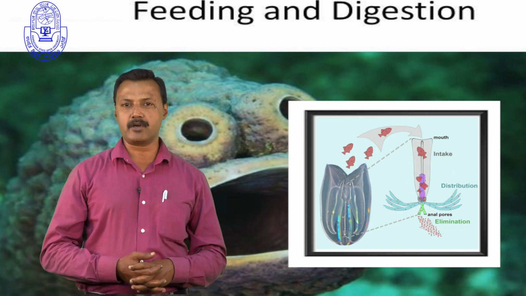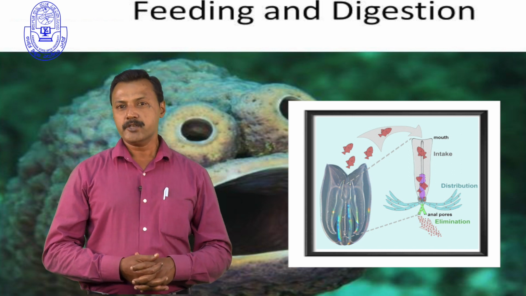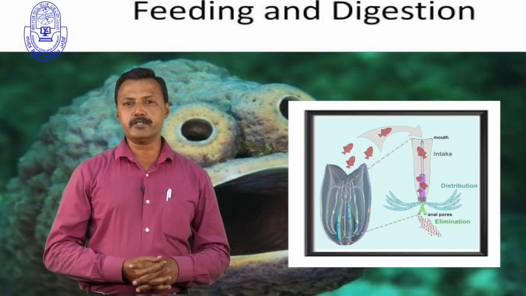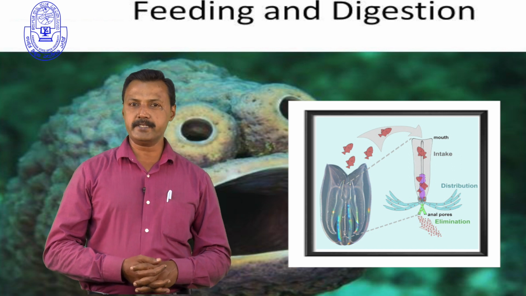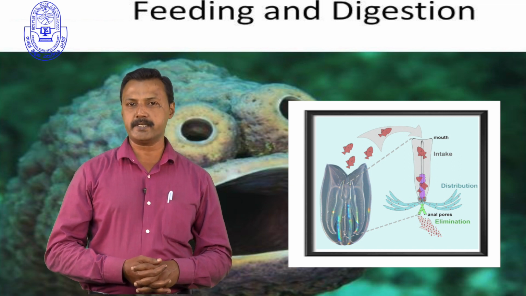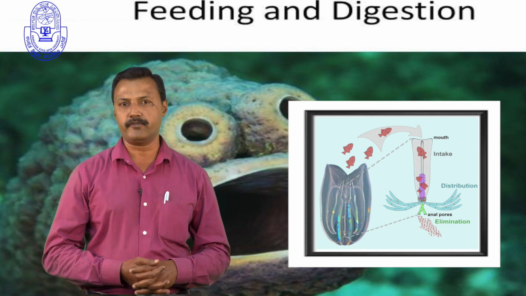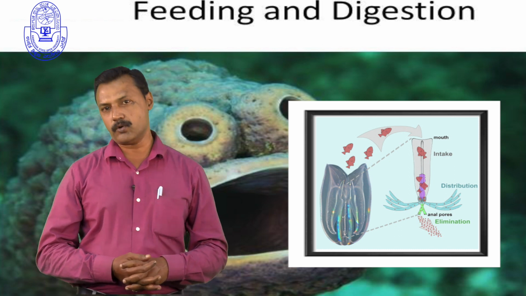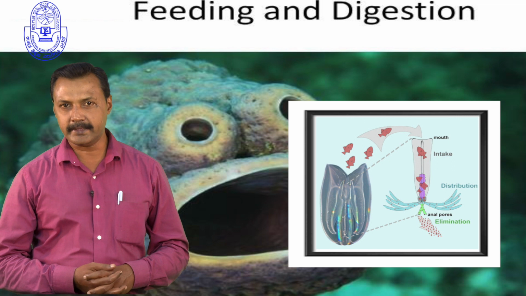They are commonly called comb jellies. So, these ctenophores have digestive systems that resemble those of the coelenterates, and also those of the platyhelminthes.